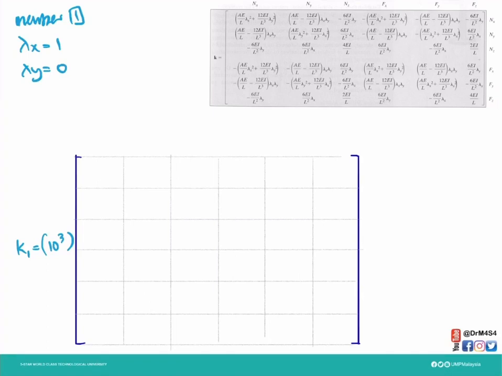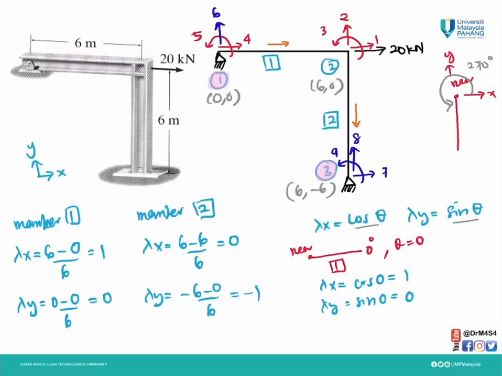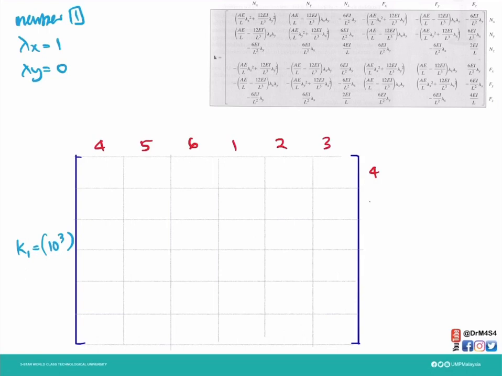So for that numbering for member 1, 4, 5, 6, 1, 2, 3.